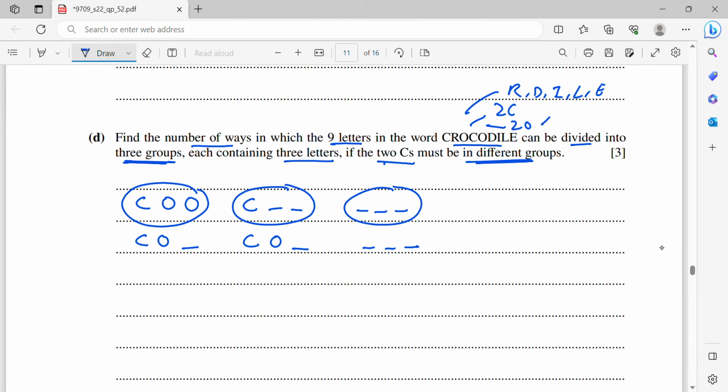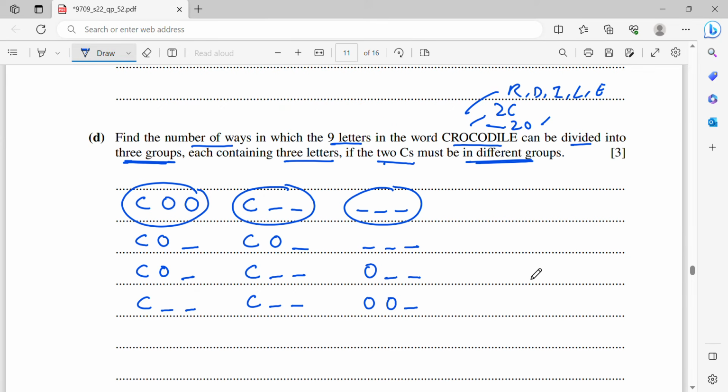Then the other one probably I have CO, then here I have C, then I have O. So another case may be C, C, O, O in other group. Alright, so these are the 4 possible ways to put them in the groups.